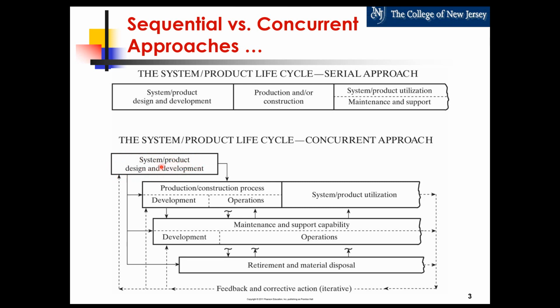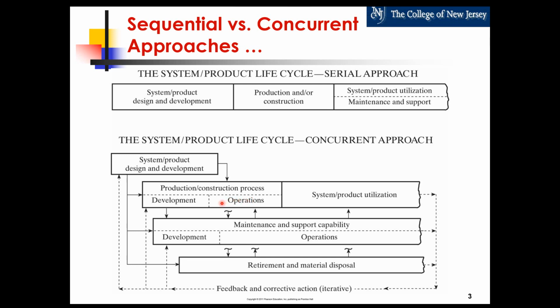So, for example, we are looking at manufacturability. By looking at manufacturability early during the system design and development, you can start putting together your production or your construction or your manufacturing operations, and then you can go from there.